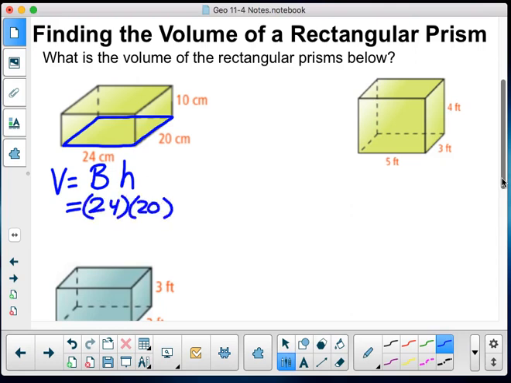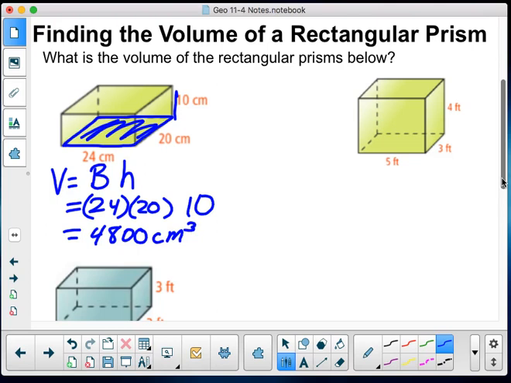That's the area of my base, times my height. My height is 10. So I'm looking at 24 times 200, and I'm talking about 4,800. Now that's crazy, right? Centimeters cubed.